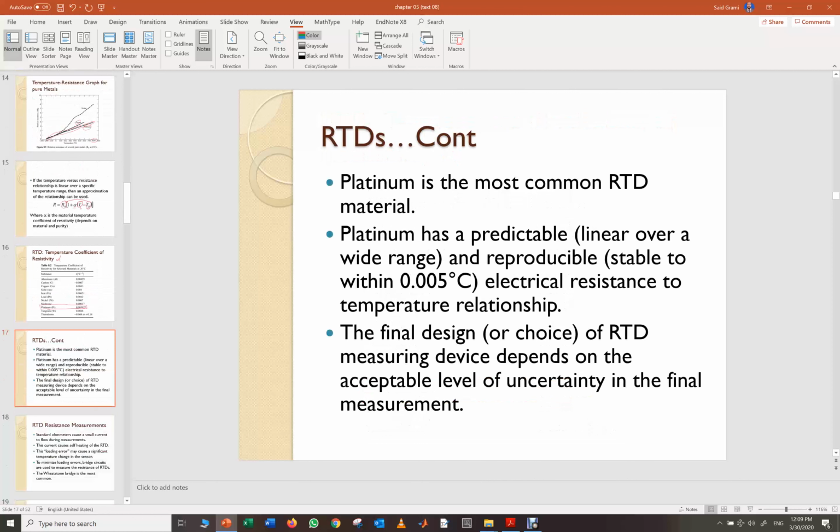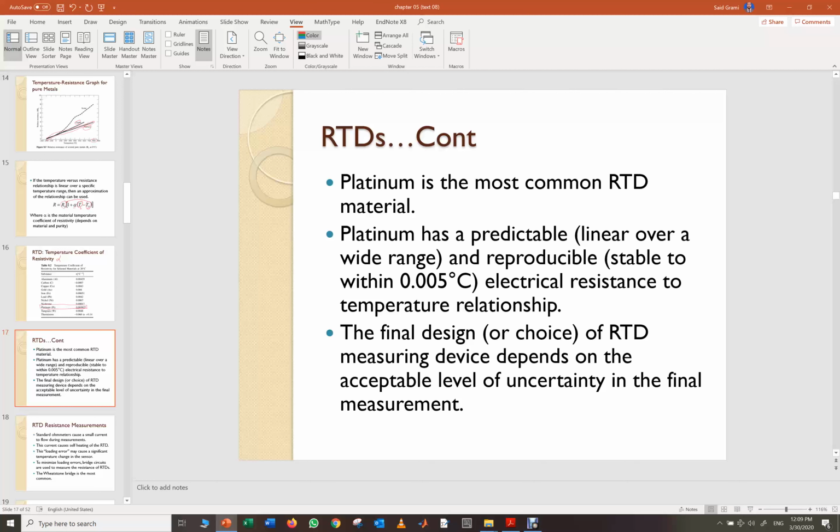Platinum has a predictable, linear over a wide range, reproducible, stable to within 0.005 degrees C electrical resistance to temperature relationship. The final design or choice of RTD measuring device depends on the acceptable level of uncertainty in the final measurement.